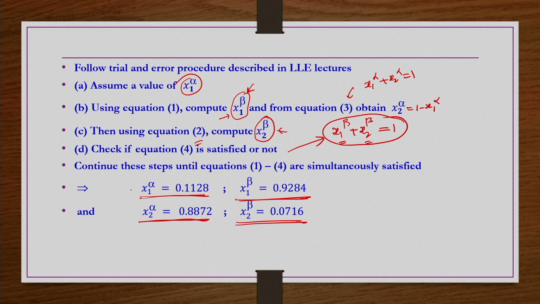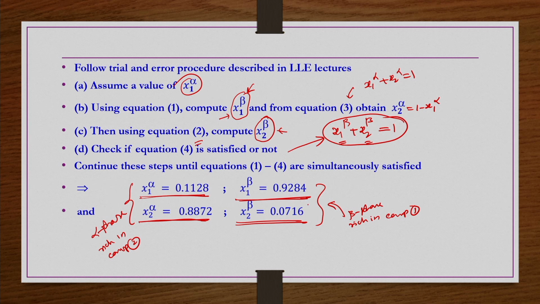What we can understand from these solutions is that this alpha phase is rich in component 2, whereas this beta phase is rich in component 1.